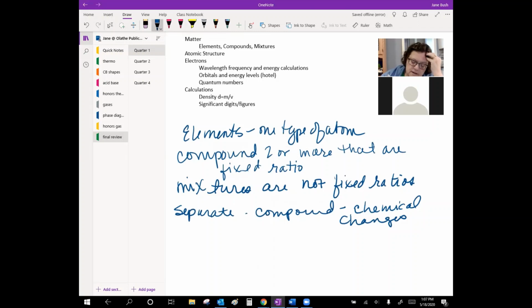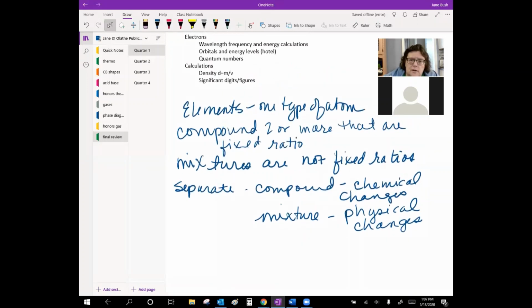And if you want to separate a mixture, you use physical changes, because you're just separating the substances. They're still the same substances. Okay, and you guys did a lab where you had salt and sand, and you dissolved the salt and the sugar, and then filtered out the sand. And I think that was about the last thing you did before I came back. So, if I remember right.